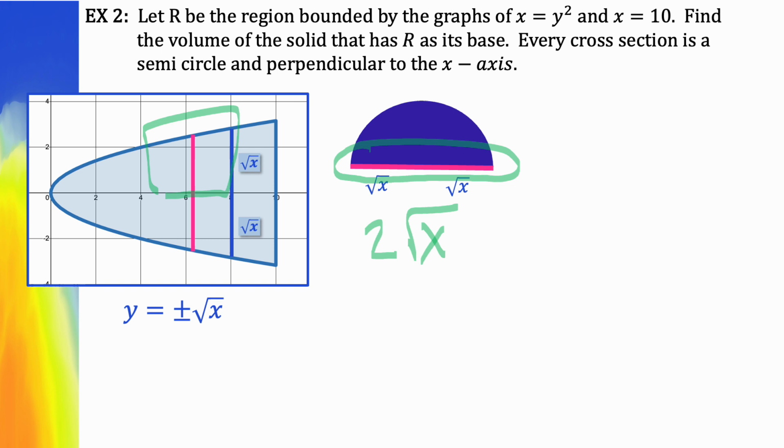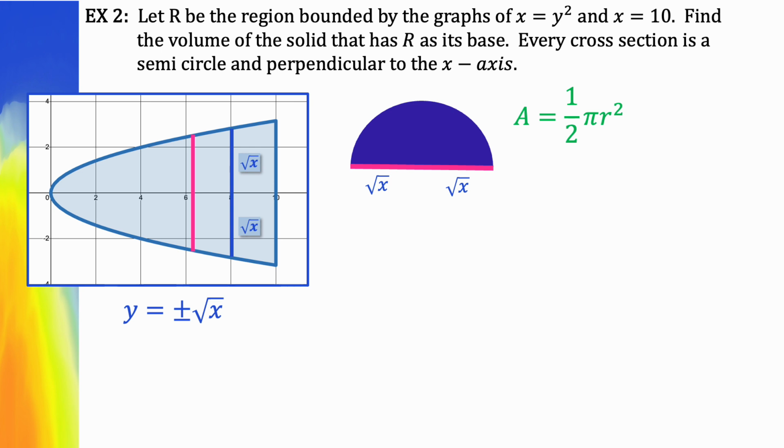Okay, now the area of a semicircle is 1/2 pi r squared. But this is cool because r, again, is just half of the diameter. So r is just going to be the square root of x. That's all we have to deal with for the radius, so that's not too bad. And then you can just clean that up a little bit and you get 1/2 pi x.